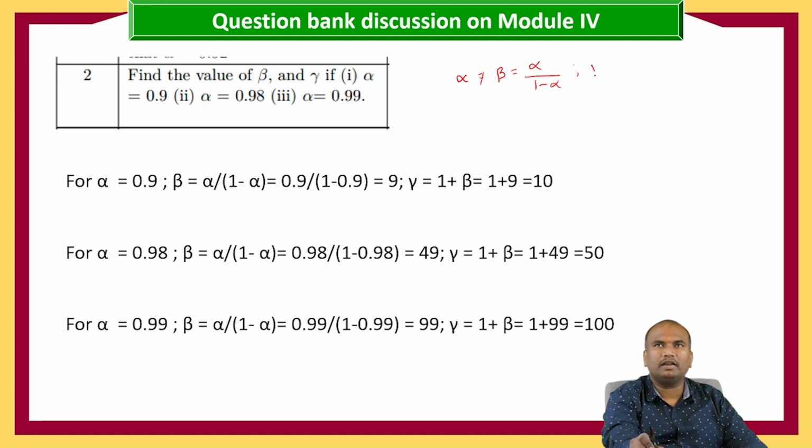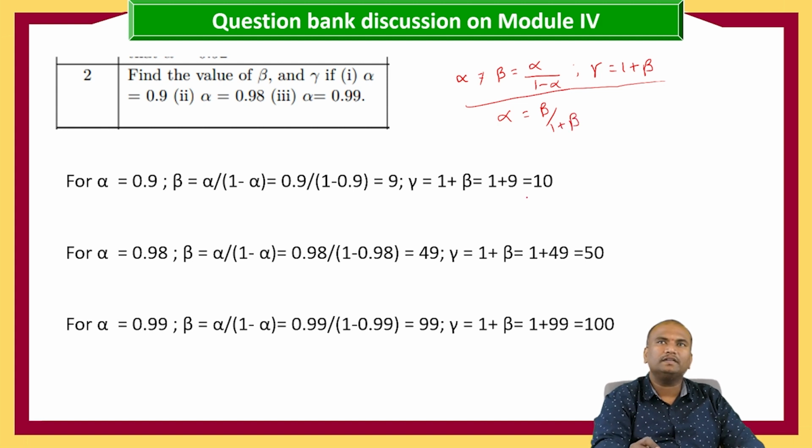If we know the beta value, gamma is equal to 1 plus beta. And if we know beta, alpha is equal to beta by 1 plus beta.